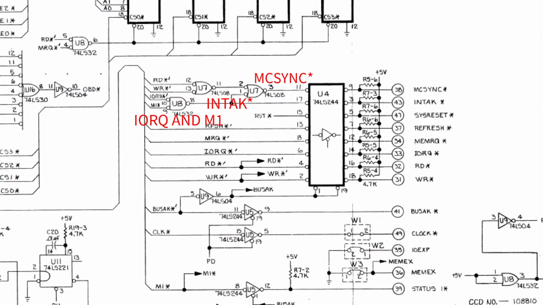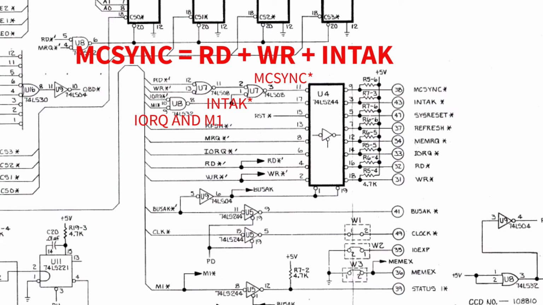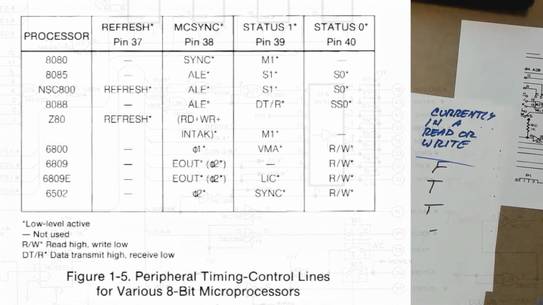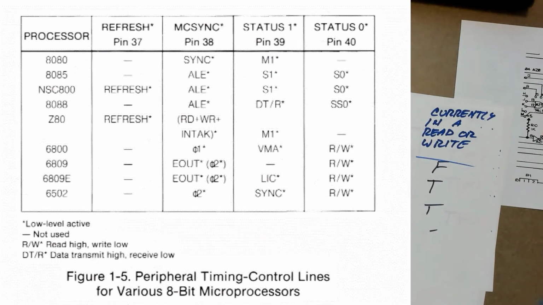Now, if you're fortunate enough to have a narrative document for this circuit, it'll quite likely say that MC sync is read plus write plus interrupt acknowledge, where they're using the functional and negative or assertion logic to describe how to generate the MC sync signal. But let's look to see how Win Systems describe the exact same thing.